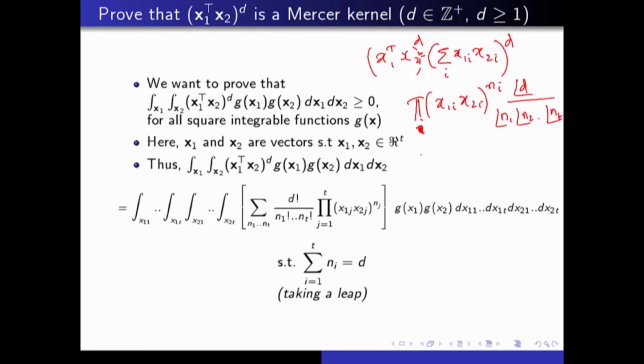So this is precisely what we have written here, and we have a summation sitting outside, a sum over all values of ni greater than or equal to 0 for every possible configuration. Of course, the constraint is that the ni should sum to d.